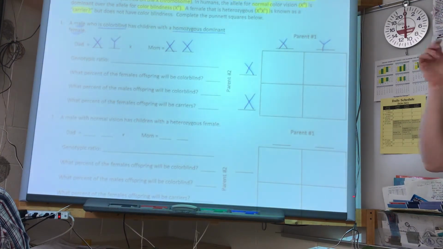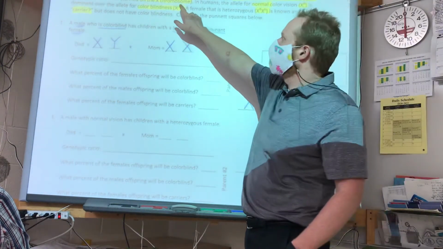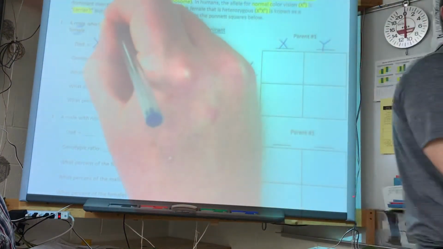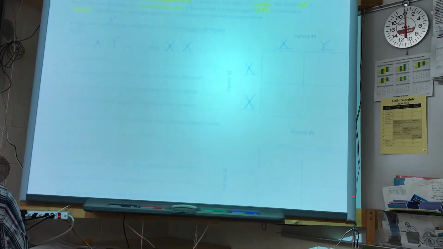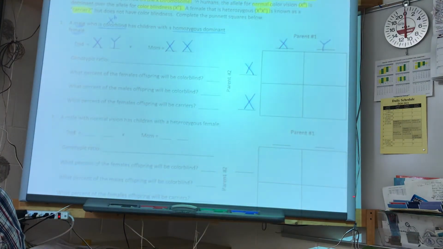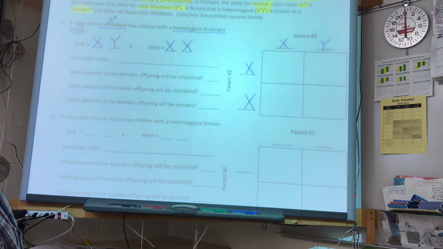If you are colorblind, that means you are X little b and you don't have an X big B. There is no X big B in your genotype. A female that's heterozygous is called a carrier. She doesn't have the trait, but she's carrying it, and it can get passed on to the next generation.